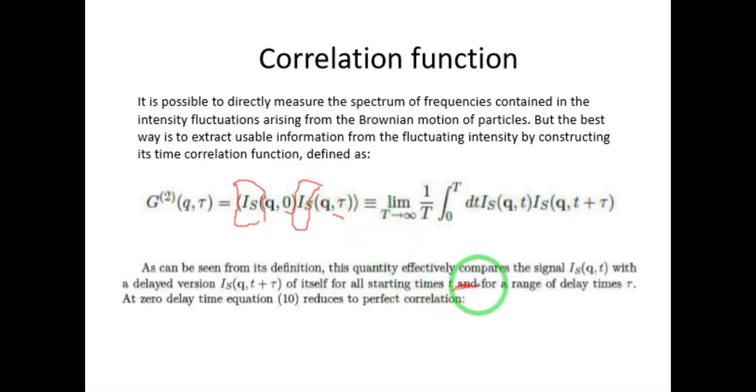Okay, so by multiplying them together and taking the mean by dividing them over t, we will get the correlation number of this function.